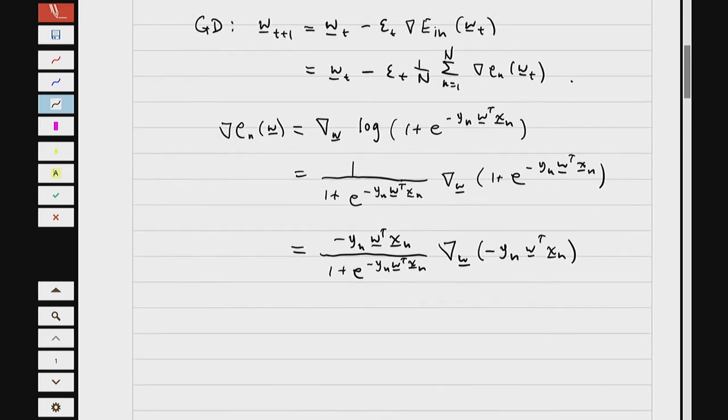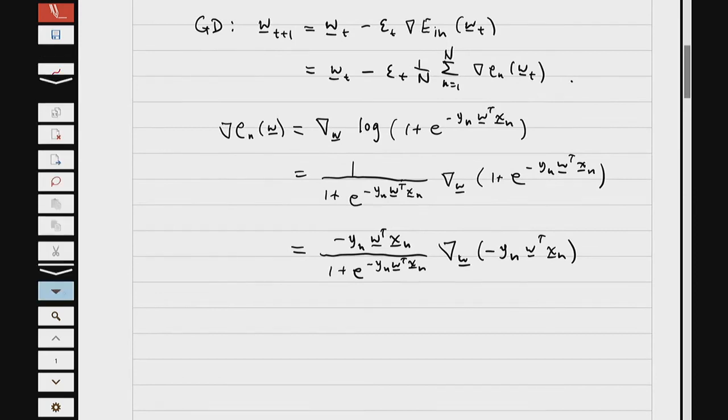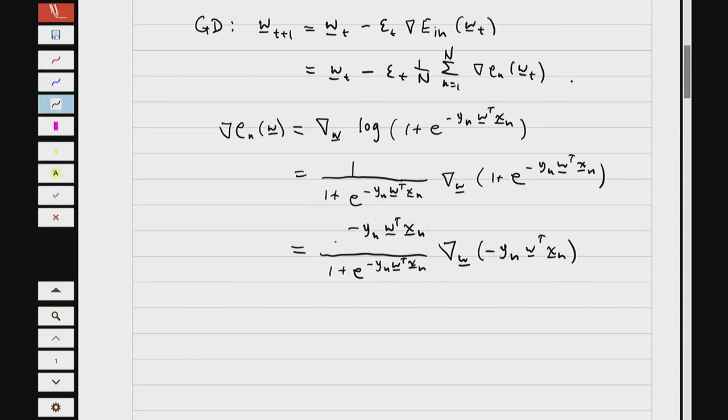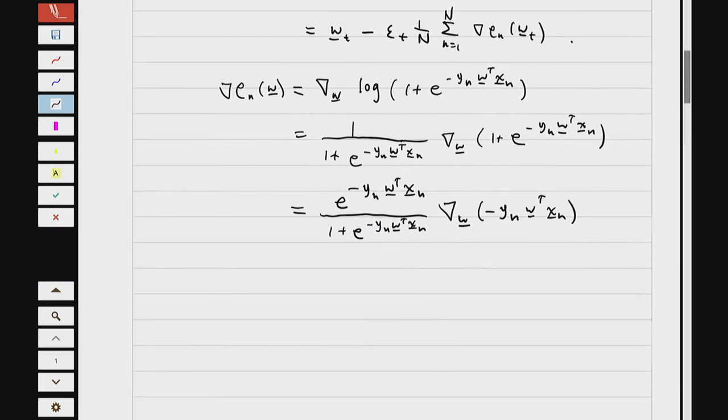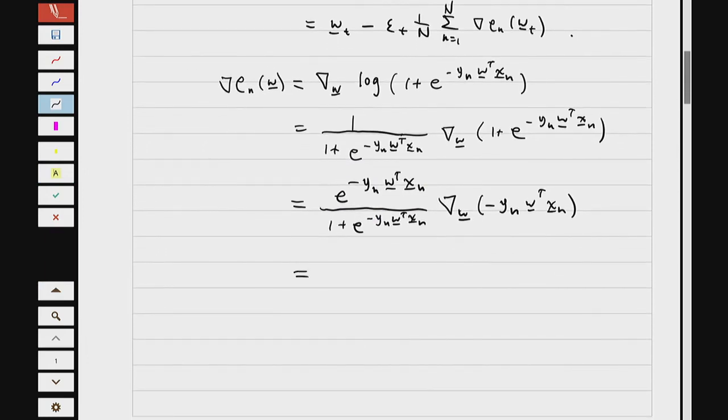Oh yeah, I just now forgot the log. Now I forgot the E. Thank you very much. Of course, E to the something. Now, this E to the minus, and then there's E to the minus, I can divide them both in the numerator and the denominator, right?